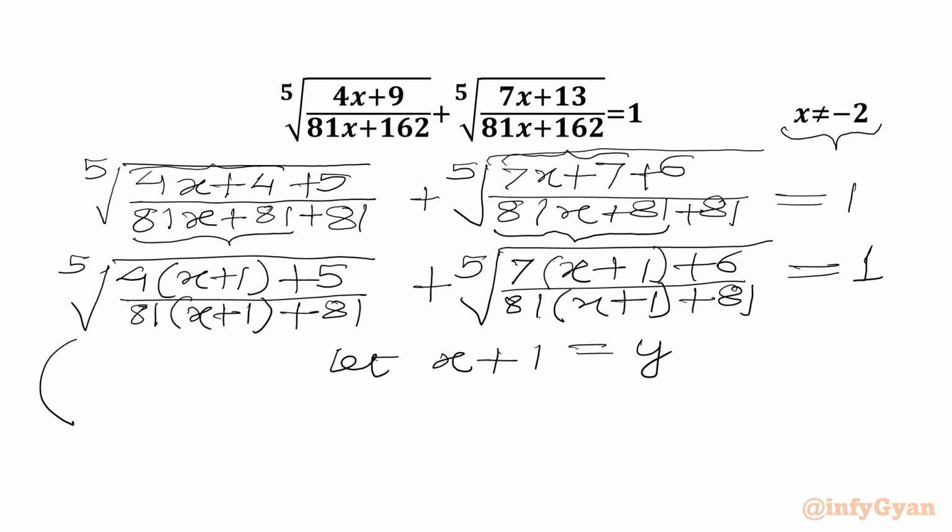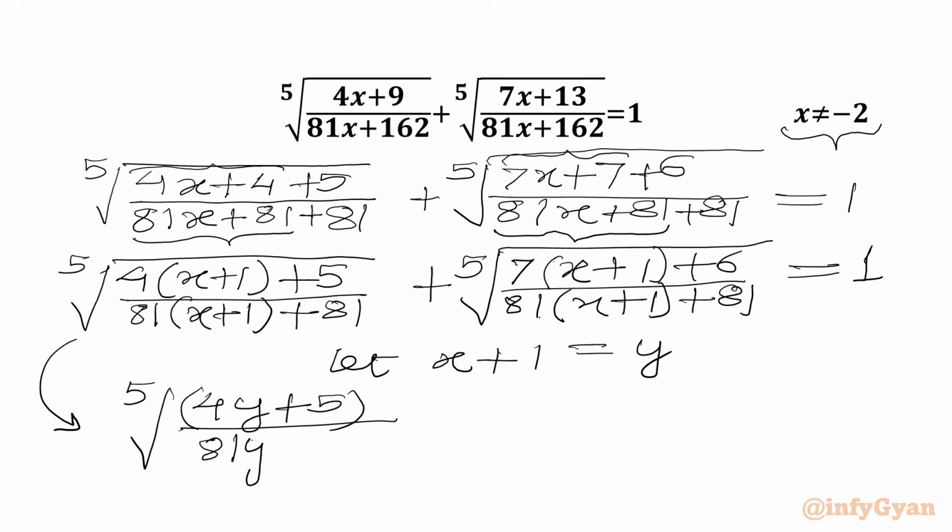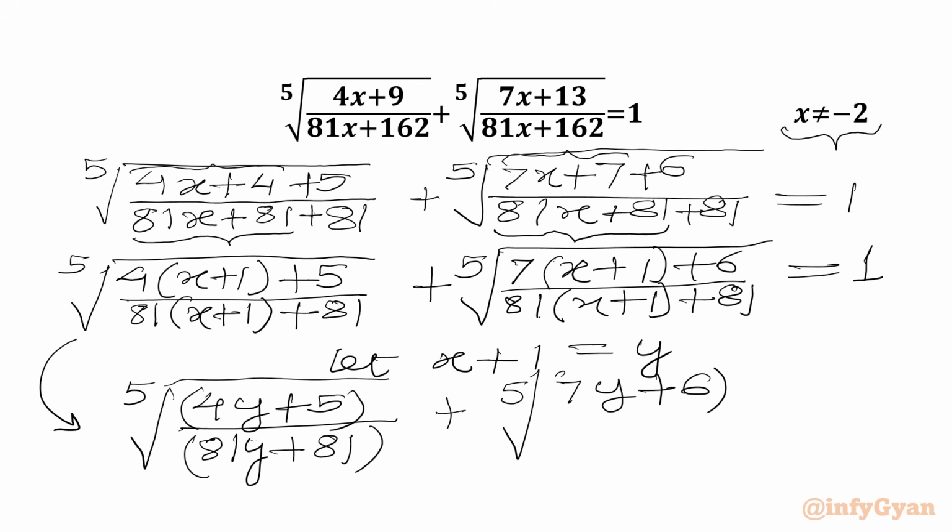So our equation will become fifth root of 4y plus 5 over 81y plus 81, plus fifth root of 7y plus 6 in the numerator and 81y plus 81 in the denominator.